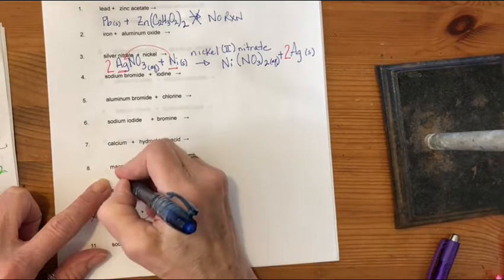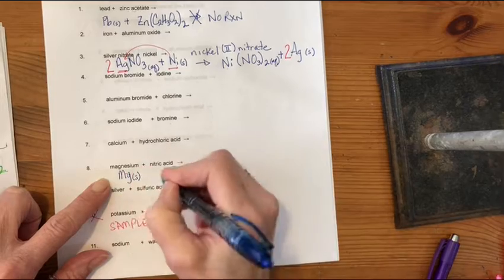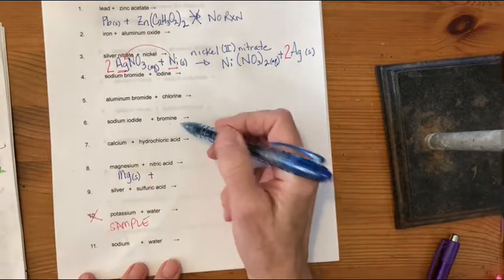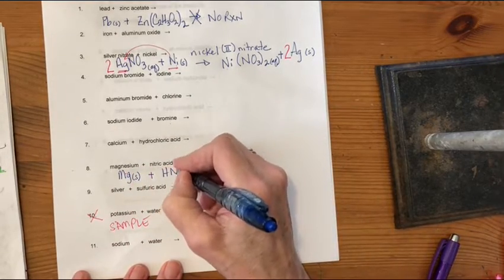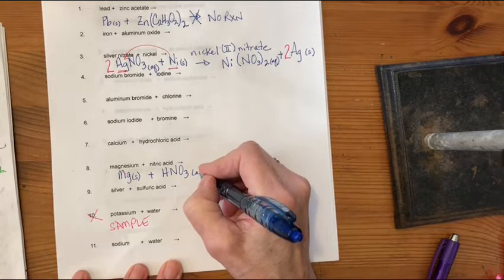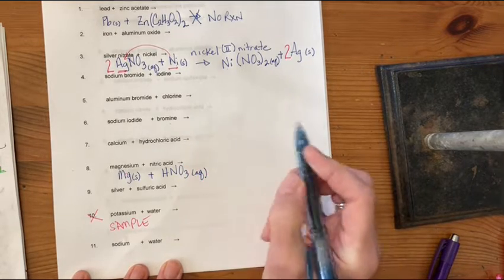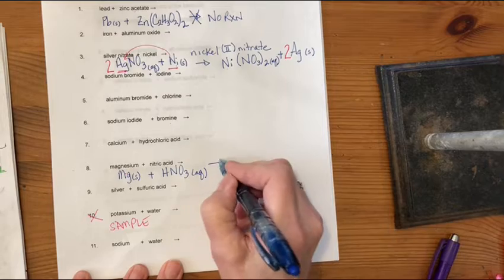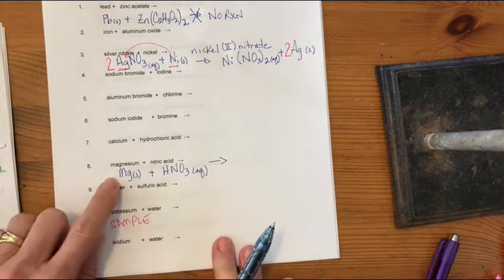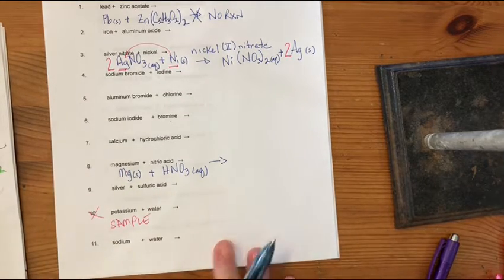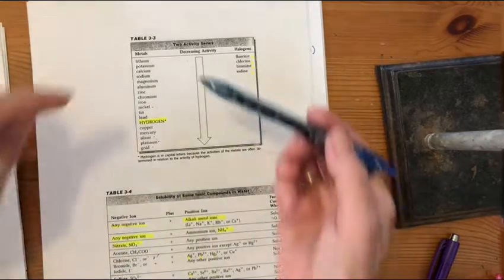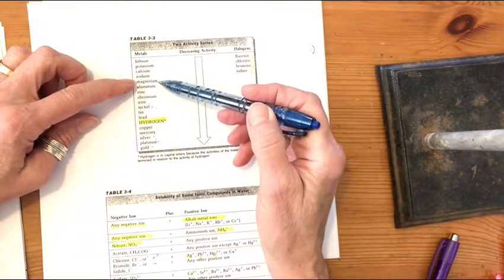So magnesium, Mg, is a solid. And nitric acid, so you're gonna have to look up your acids. HNO3 is nitric acid. And so what we need to see is, can magnesium knock hydrogen off of nitrate? And again, magnesium's way up here, hydrogen's way down here. Yep, it can.